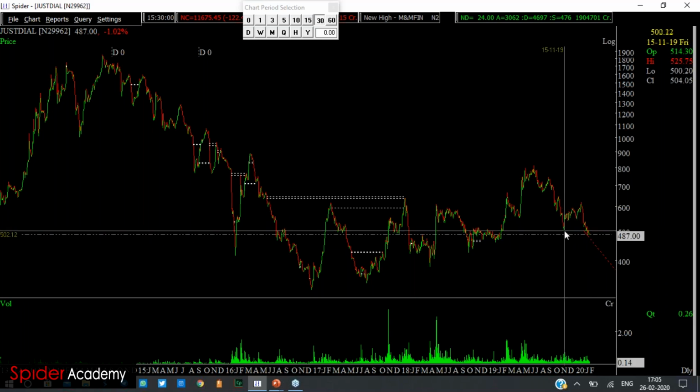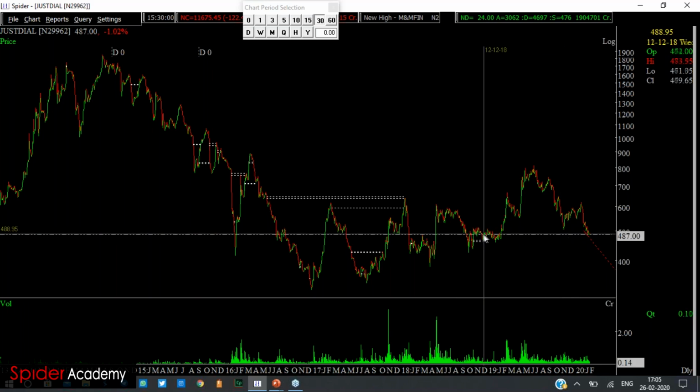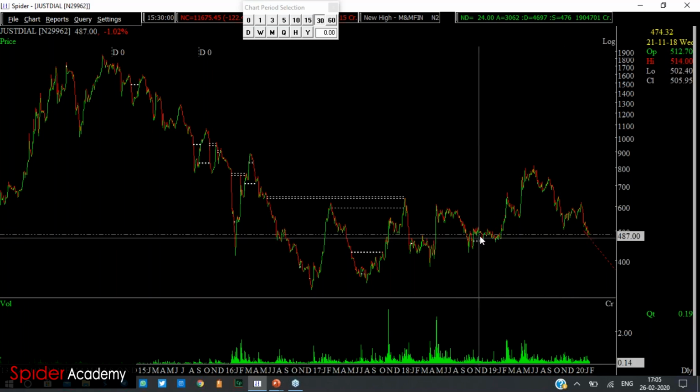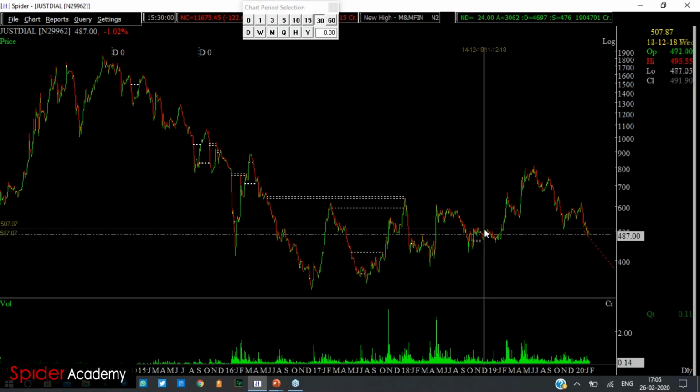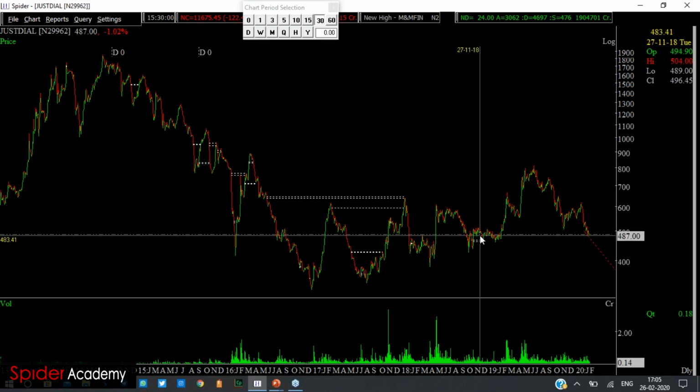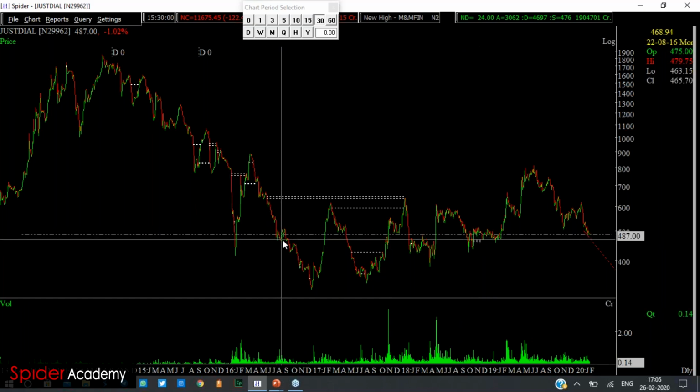So what I would do in this particular stock is, see, there's a consolidation which has happened over here. Earlier consolidations which have taken place also act as your demand and supply zones, right? So over here, I can say this consolidation, and then we had some consolidation over here. So this is a zone.